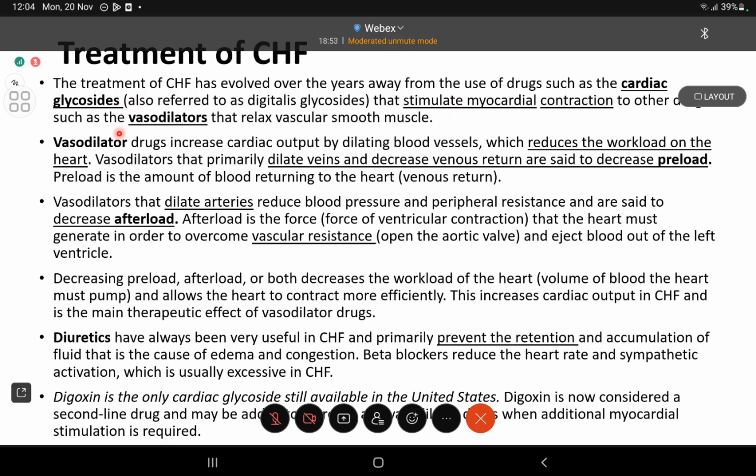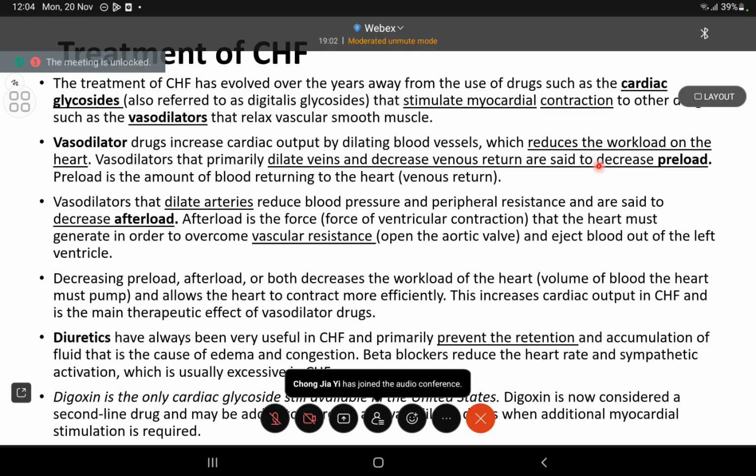Okay, for vasodilator, there are two types. One acts on the vein, and then definitely we are going to reduce the venous return, and we can say that it affects the preload.